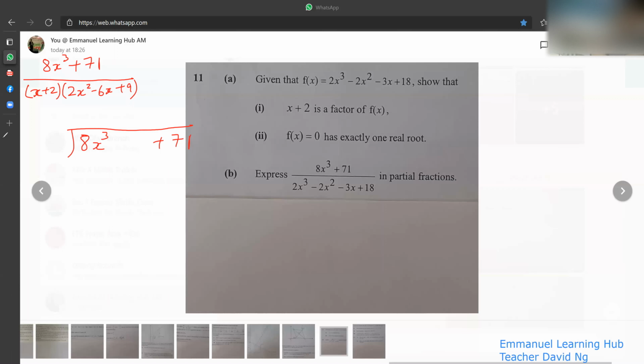Then here we have 2x cubed minus 2x squared minus 3x plus 18. No problem doing this part, right? You will get this remainder.